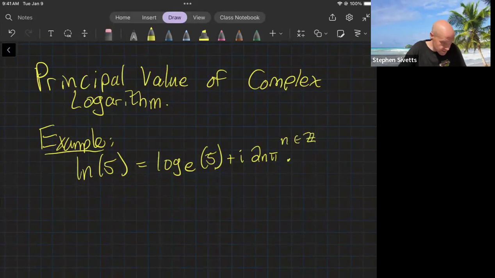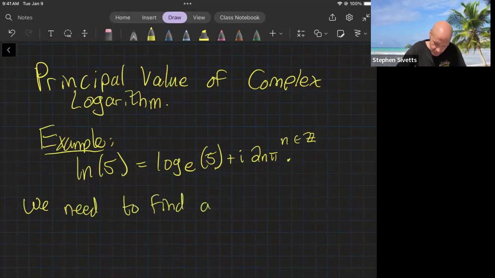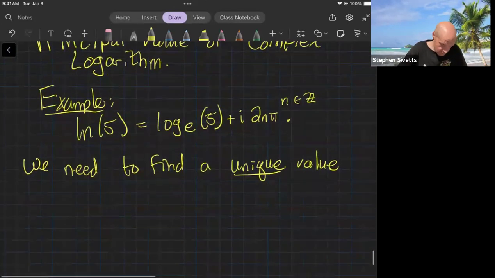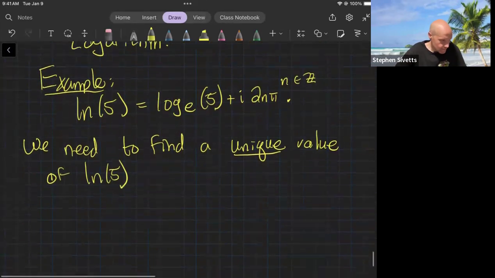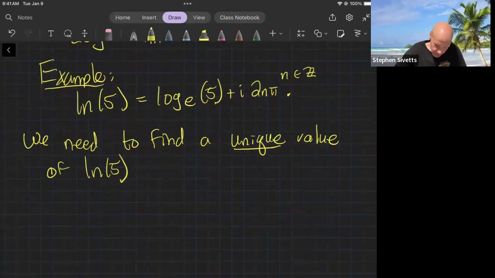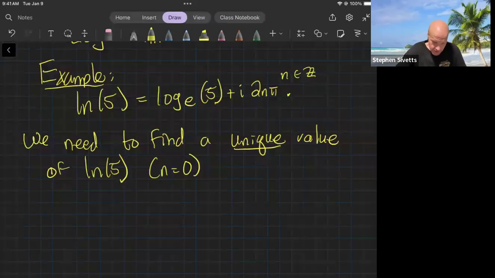So what we need to do is find a unique value of the natural log of 5. And that is where n is 0, right? So when n is 0, that will be the unique value for the natural log of 5.